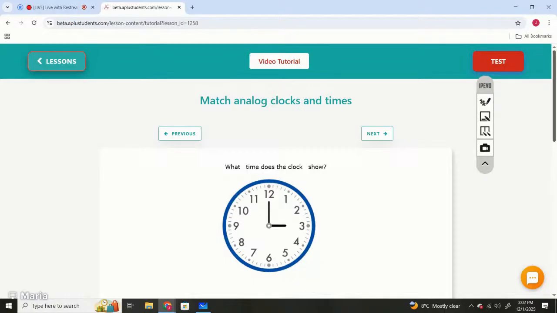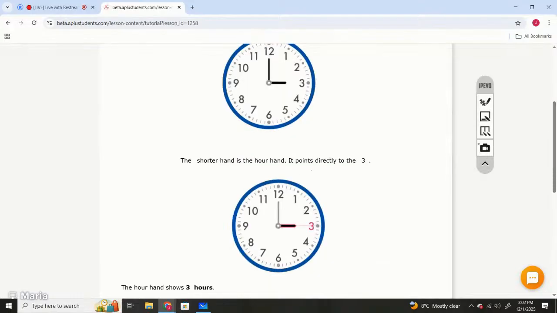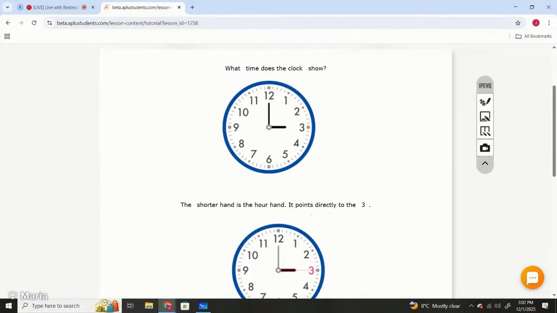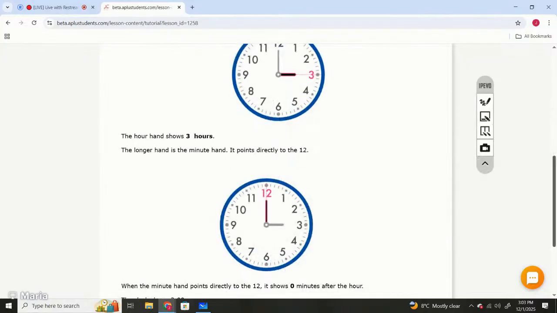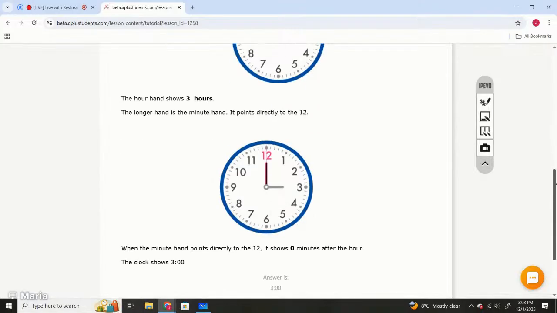What time does the clock show? So the clock has two hands, a shorter one and the longer one, right? So look at the shorter hand. The shorter hand is pointing to 3, so that means it is 3 o'clock, while the longer hand is pointing to 12, so that means it is 3 hours and 0 minutes, right?